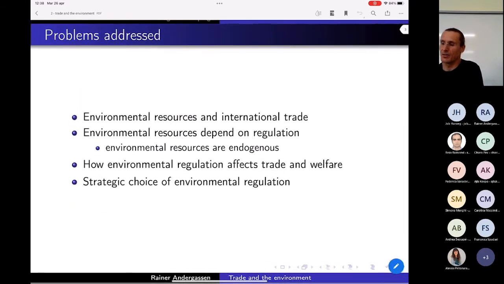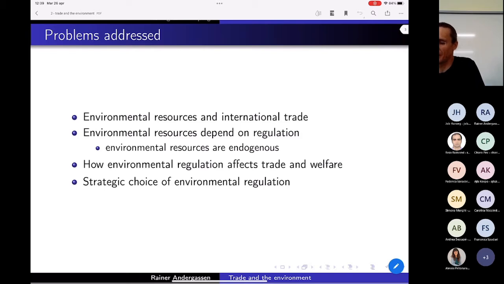Okay, so let's start. What are the problems addressed? The problems addressed are environmental resources and international trade. Here, what's going to be key is that environmental resources depend on regulation, meaning that environmental resources are endogenously determined. They depend on policy. Therefore, what we study is how environmental regulation affects trade and welfare.